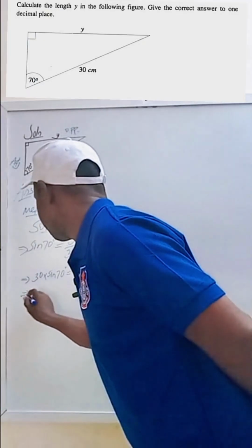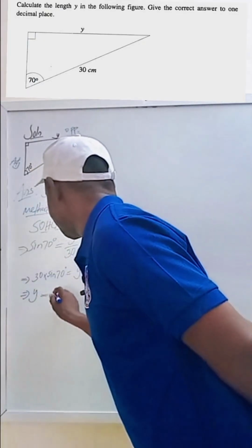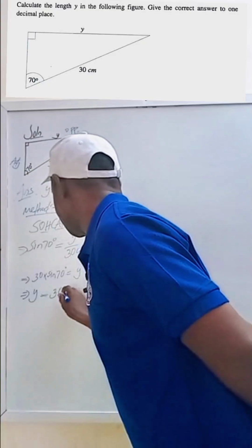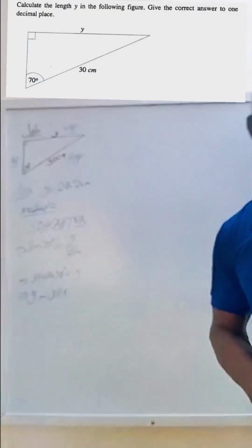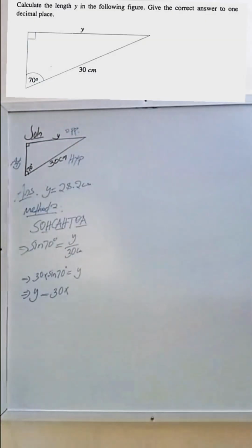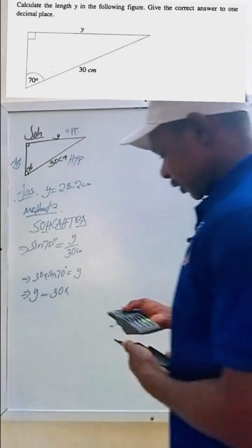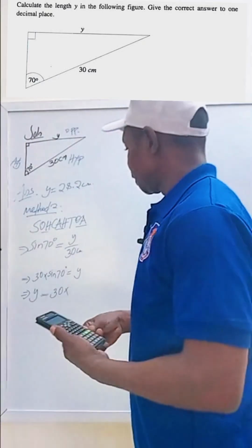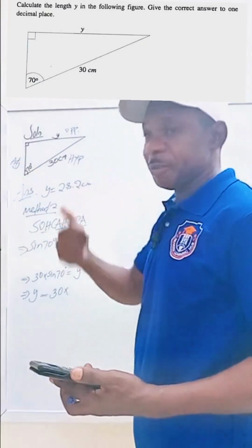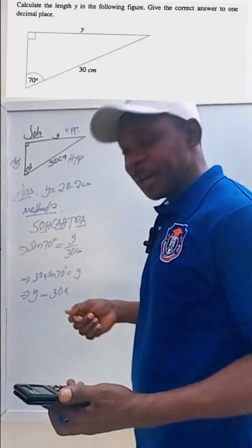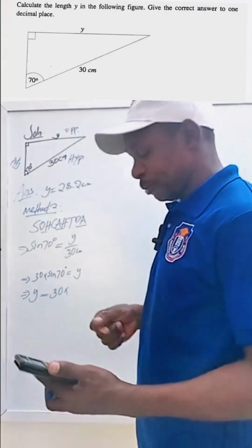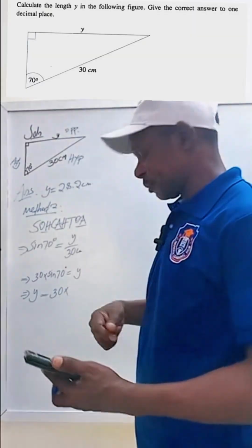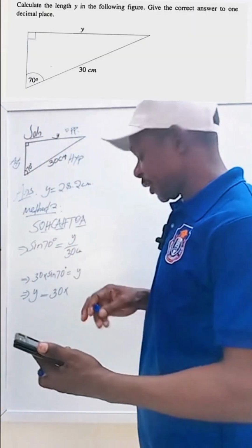Since we are solving for y, y is equal to 30 times sine of 70 degrees. What is the sine of 70 degrees? Remember, 70 is not among the special angles, so we shall have to use either a mathematical table or a calculator. According to me, the easiest and most available is the calculator.